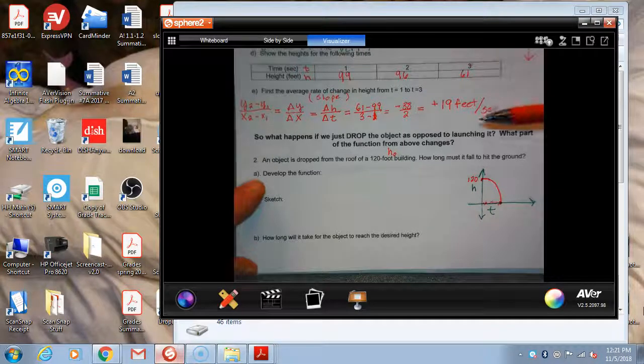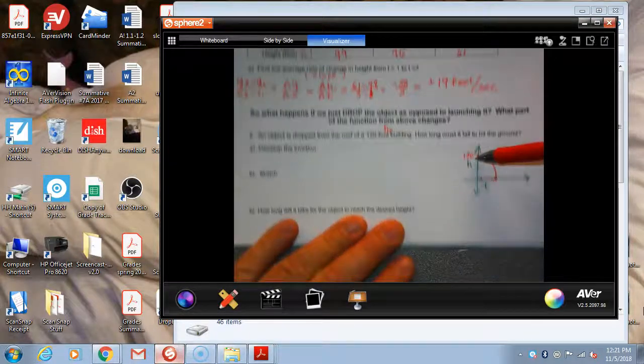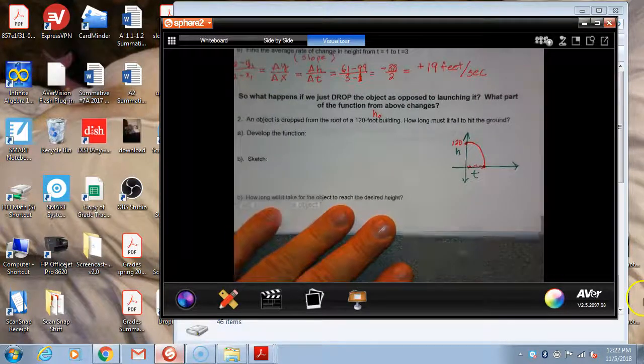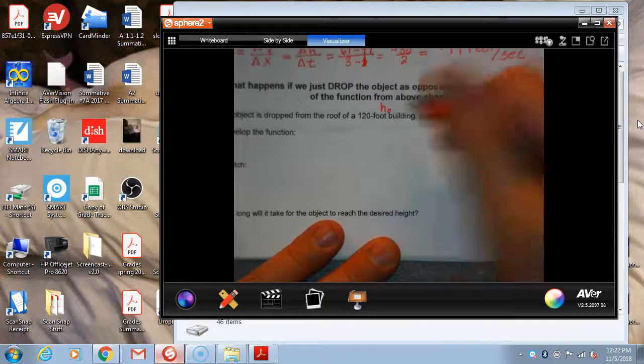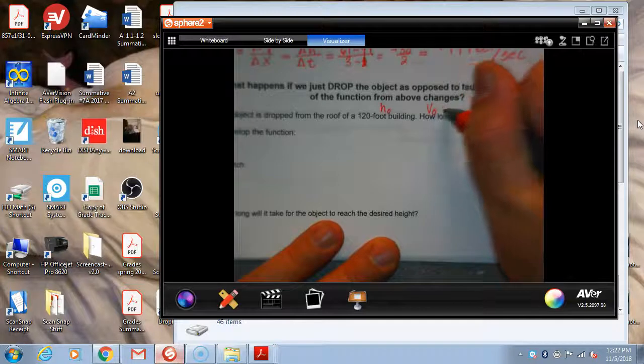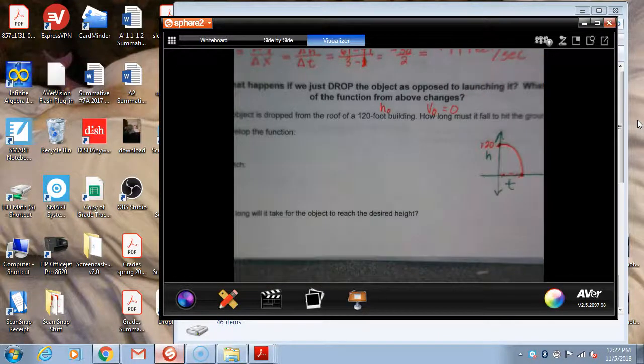Let's see. What's our initial velocity right at 120 feet? How fast is this thing going at 120 feet? 0. So that's our initial velocity. Do we have everything we need to build an equation?